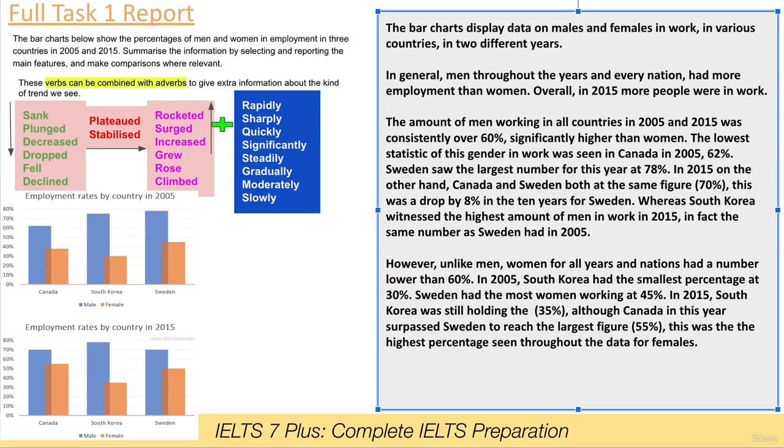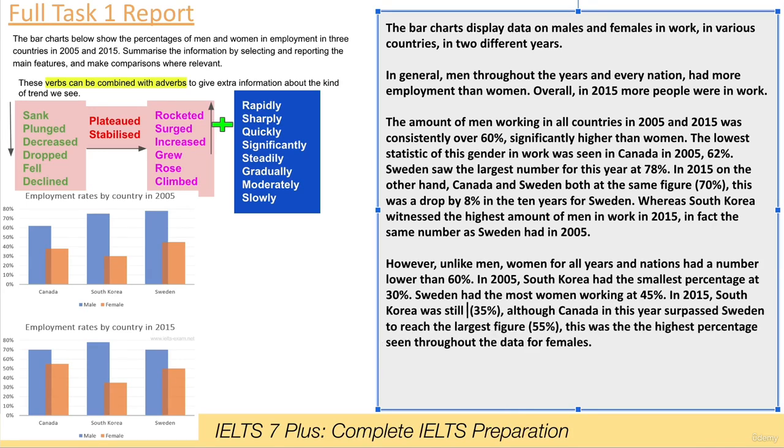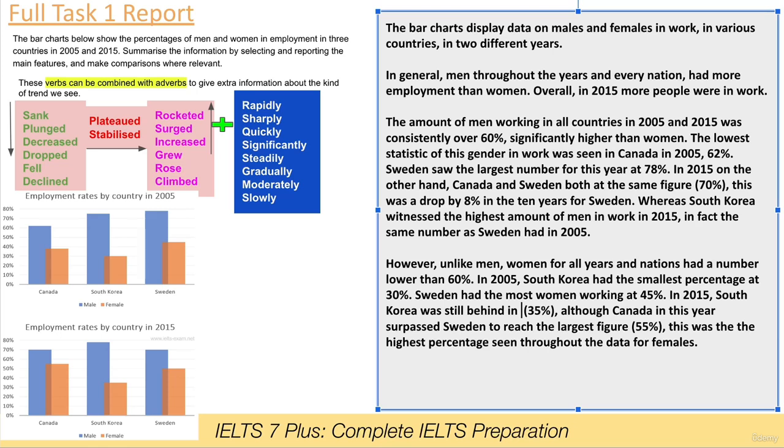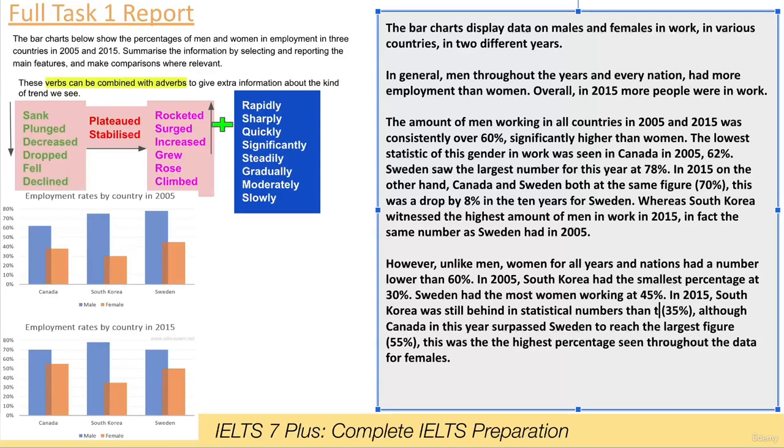South Korea was still holding the smallest share, or maybe we could say South Korea was still behind in statistical numbers than the other nations.